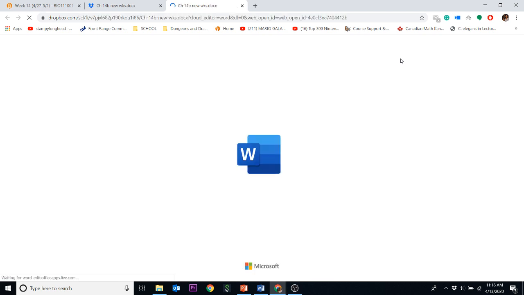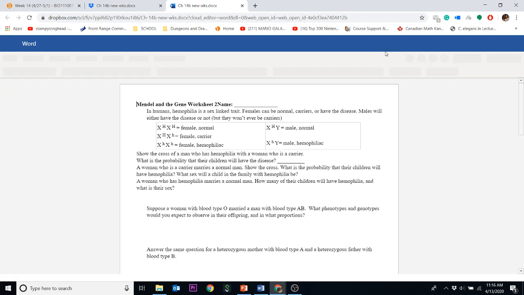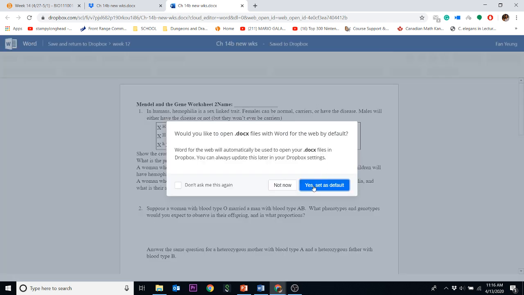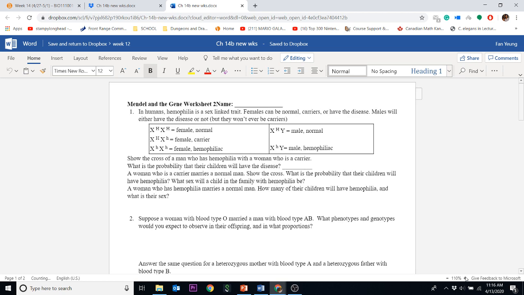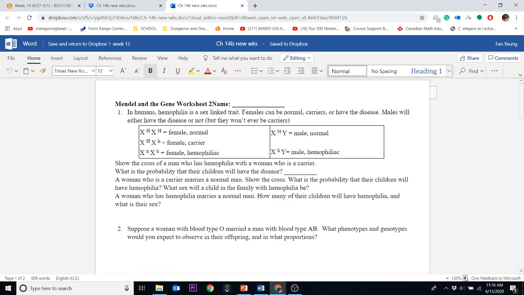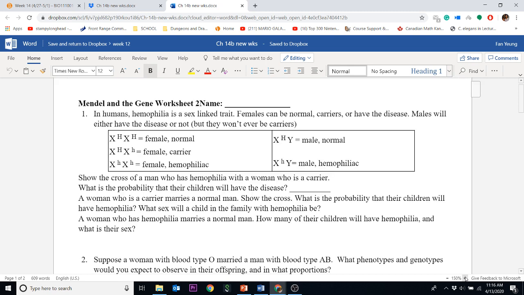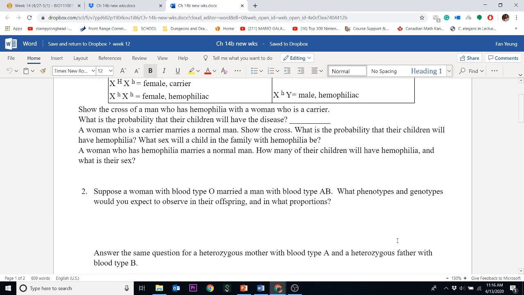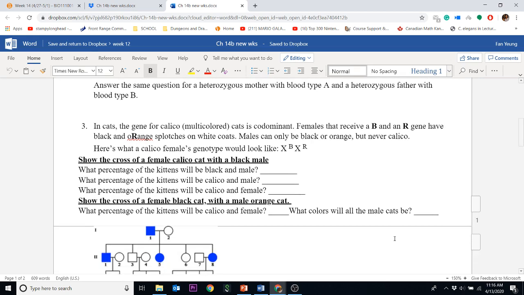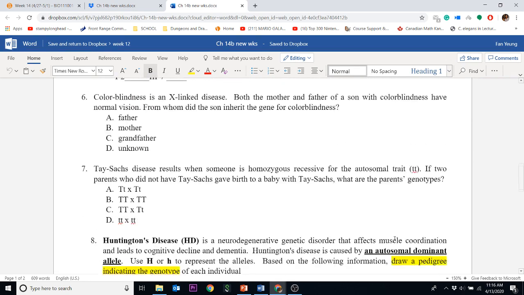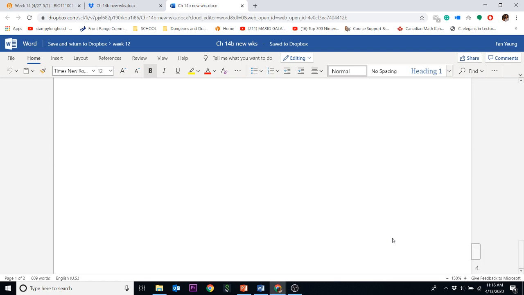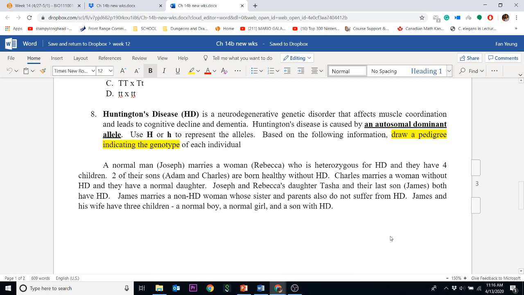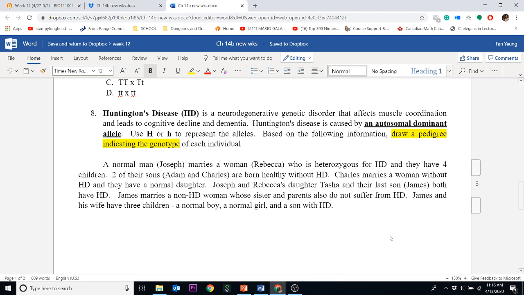Okay, Misty, tell me whether this is the worksheet you're talking about. And you're wondering about this pedigree. Is this the one you're talking about, number 8, with the Huntington disease?